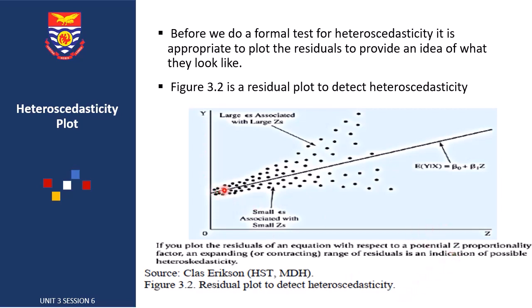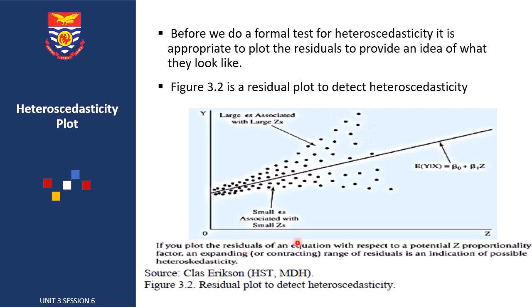You could see that this is a straight line which has separated the variables into the lower and the upper part. You will see that as these variables move along, we can witness an expansion in how these plots are moving.